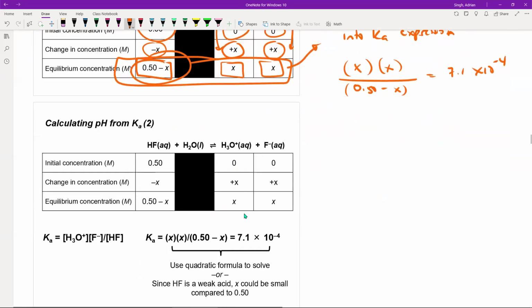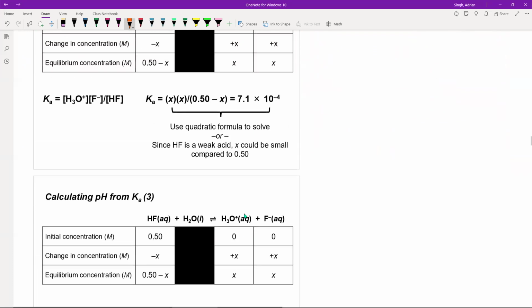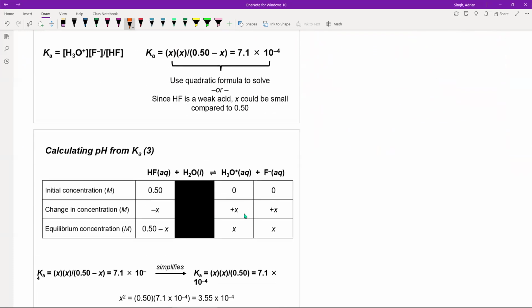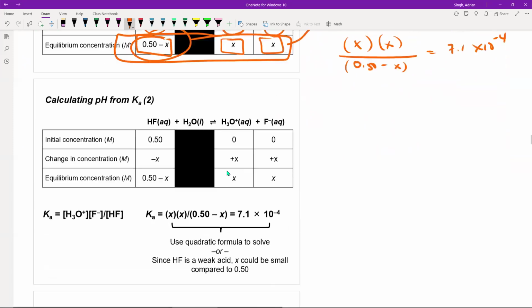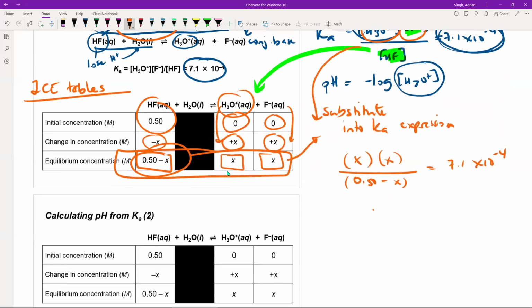So if we simplify this, we have X squared on top over 0.50 minus X, and this is equal to 7.1 times 10 to the minus 4. We can make an approximation to simplify this.